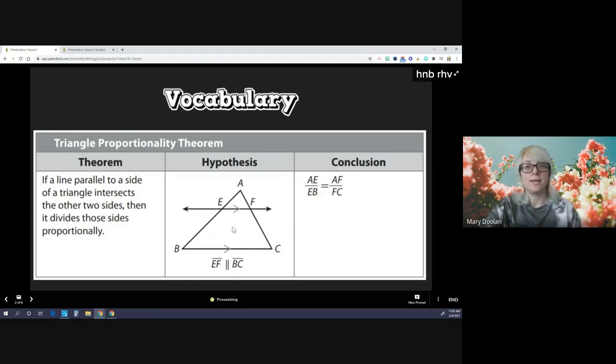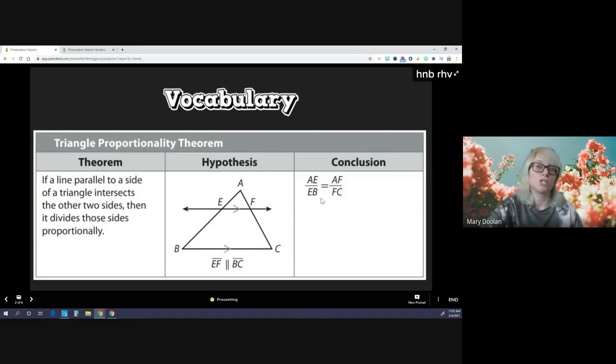They're parallel. When that happens, and this is cutting these other two sides into two pieces, it creates a proportion. If a line parallel to a side of a triangle intersects the other two sides, and that's what is shown here, then it divides those sides proportionally, which means that I can write a ratio.